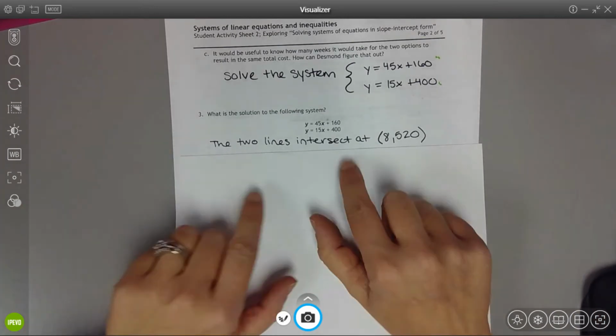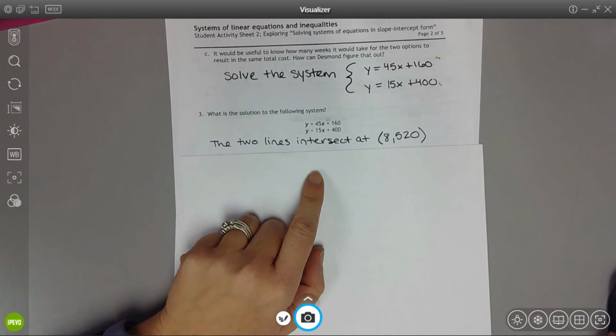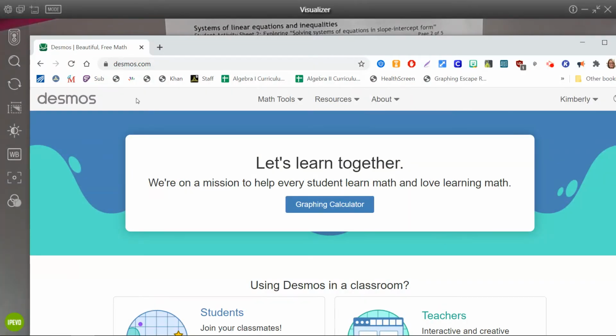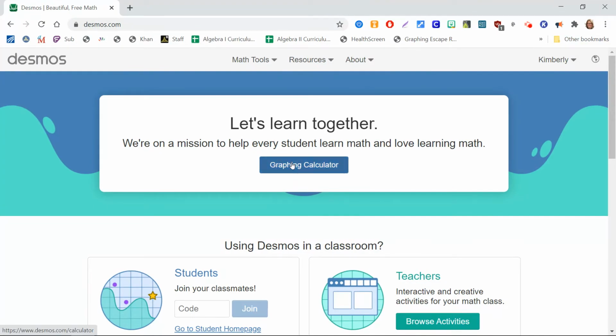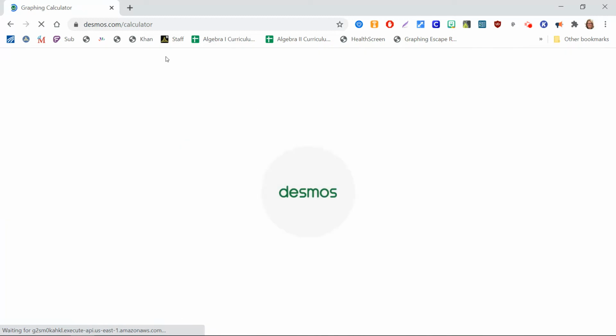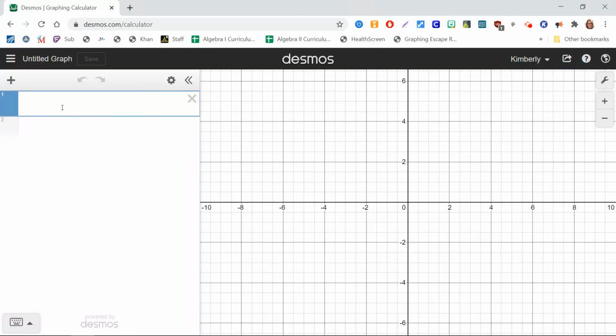If we graph these, we can pull up desmos.com and open up that graphing calculator. I'm going to type in each equation. We've got Y equals 45x plus 160.